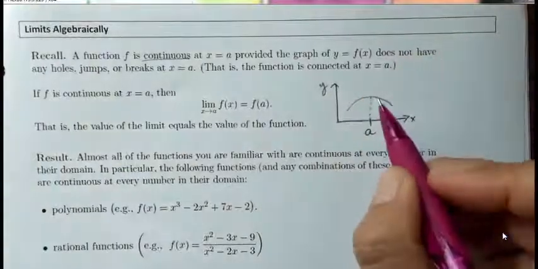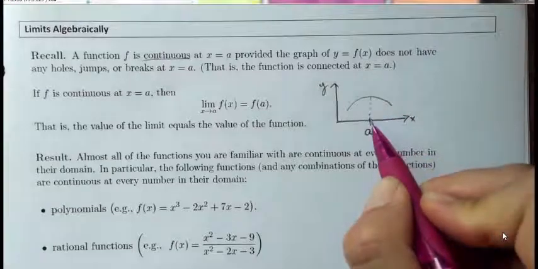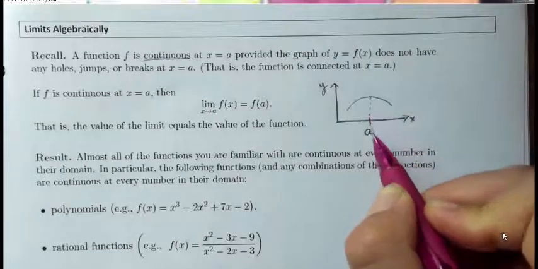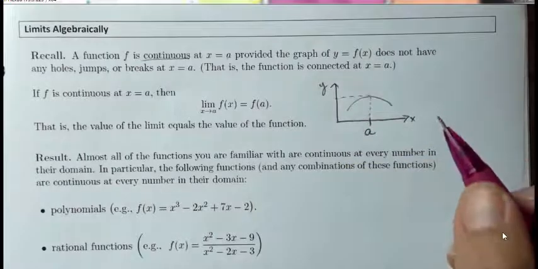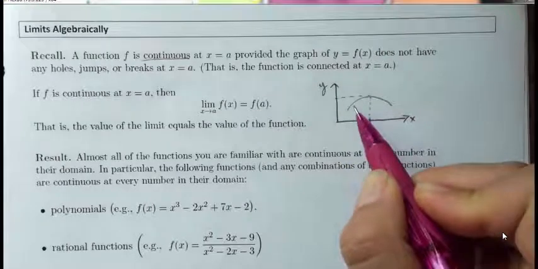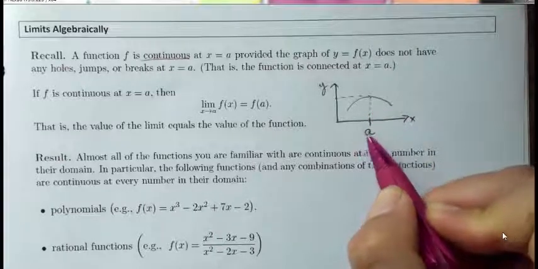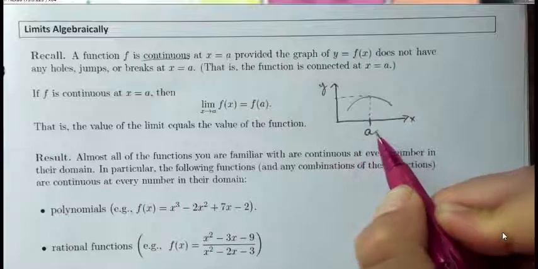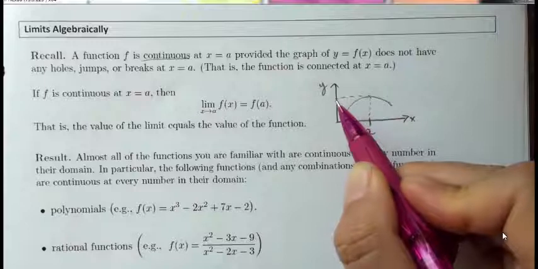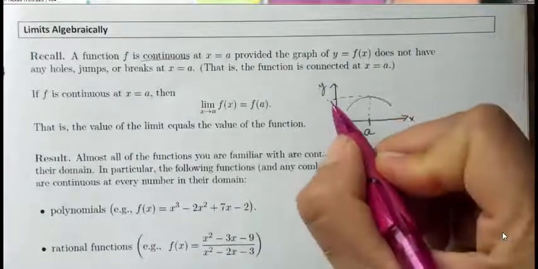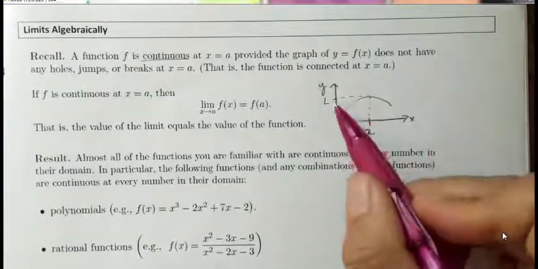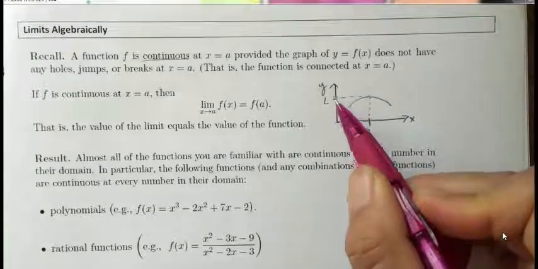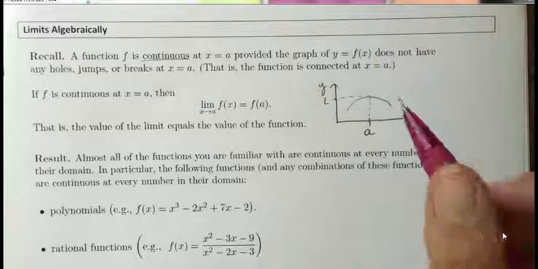So whatever the output is at x equals a, that's what the limit is, okay? Because as I approach a from the left and the right, I basically approach this output. We'll call it L. We approach this output L from top and bottom.